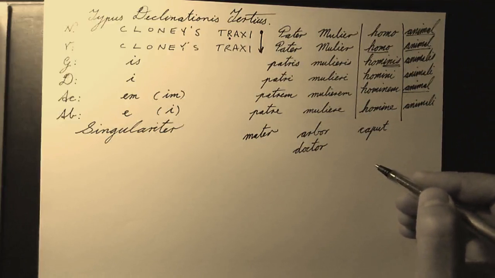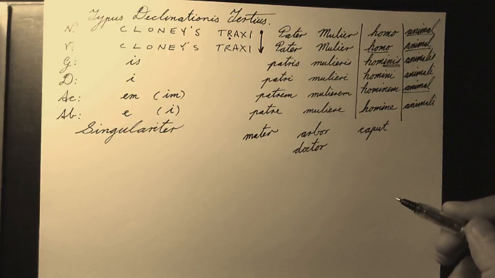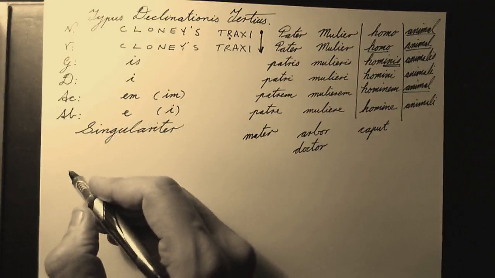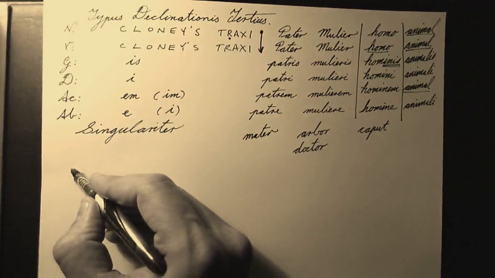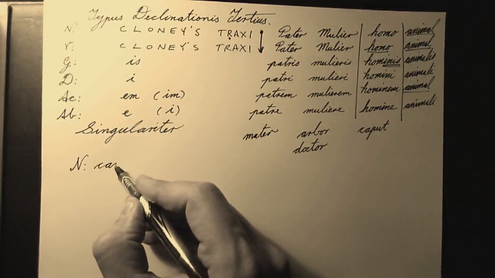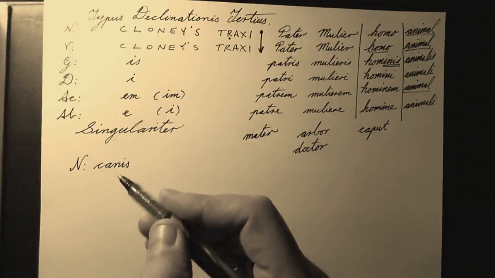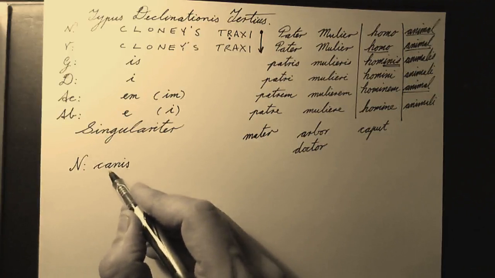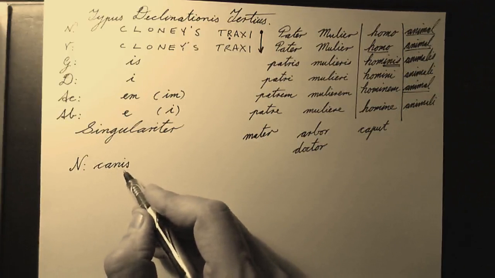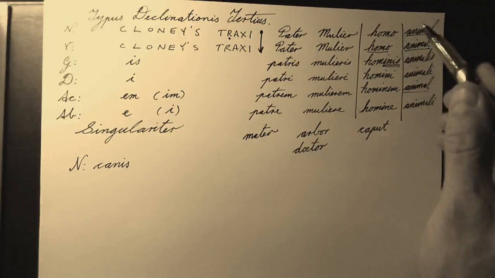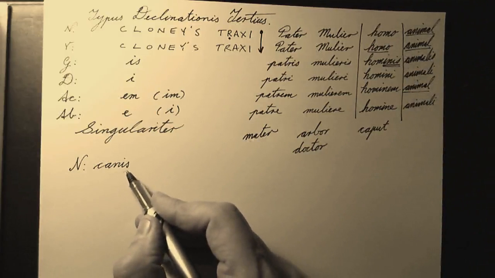Now, canis is an interesting case because it already ends in is. Let's have a look at how canis works. So here we have our nominative, canis. Canis is a word that means a dog of male or female gender, and it has both genders. So unlike homo, which is masculine but refers to males and females, canis is ambidextrous, so to speak.